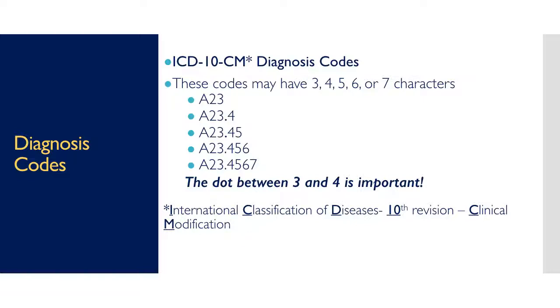As you begin to learn about ICD-10-CM diagnosis codes, you will find that they may have 3 characters, they may have 4 characters, they may have 5 characters, they may have 6 characters, or they may have 7 characters. And I use the word characters because these codes are alphanumeric, which means they can use numbers or letters. It's all in the code set.